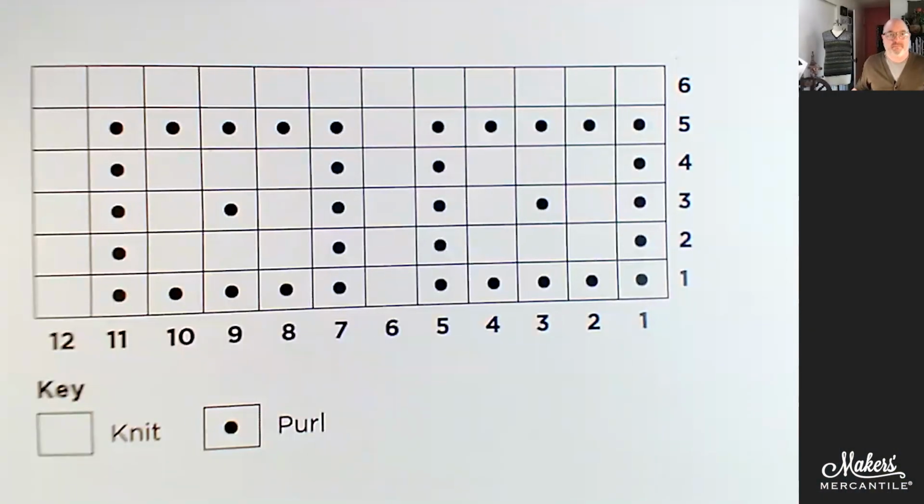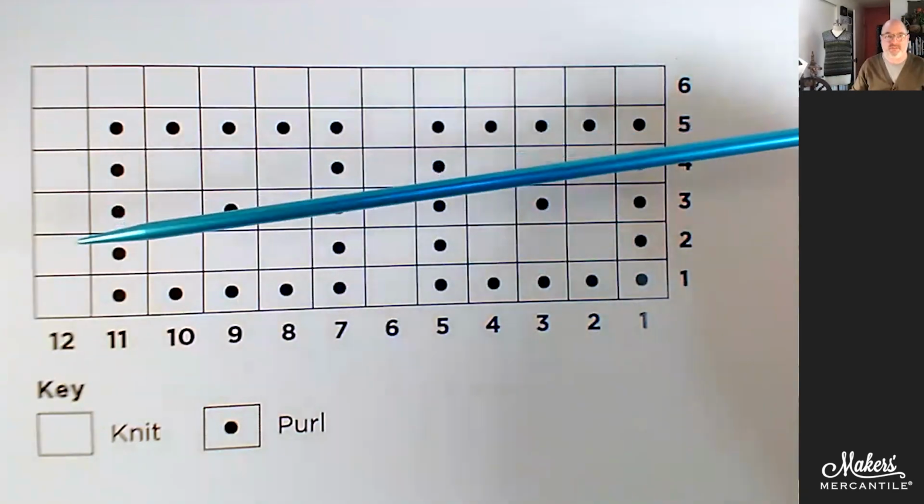We're going to dive in to my second camera here, and I'm going to show you a very basic chart. Ta-da! Here is a chart. This is an example of a chart that is worked in the round.